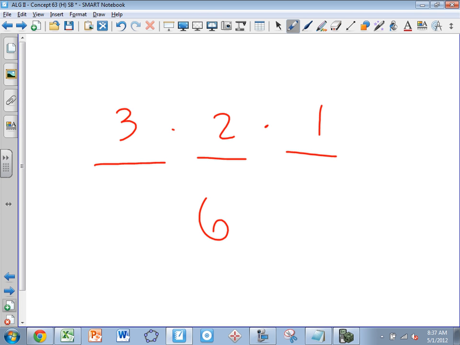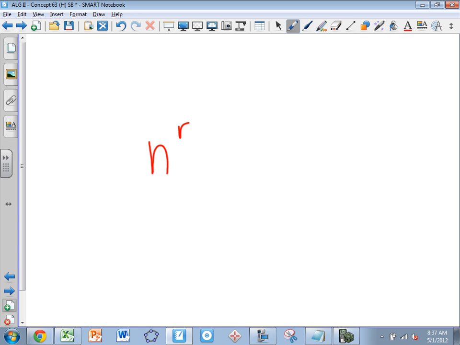So since the order is important, it's a permutation. But why is there repetition? You keep getting heads or tails every time, right? Now, can we use our calculator? What was our formula for this one? N to the R. It's a permutation with repetition.